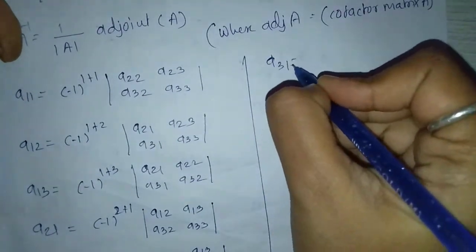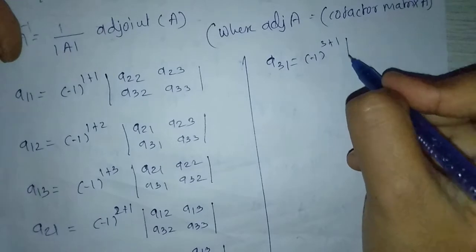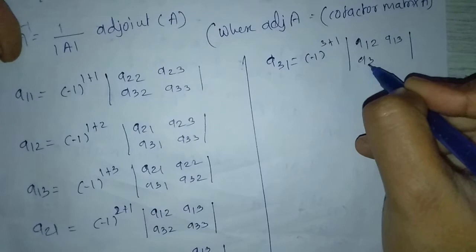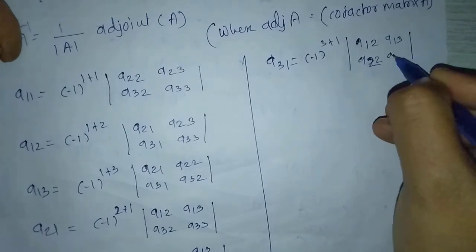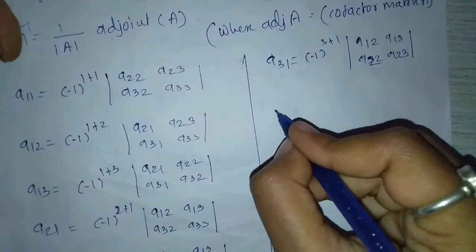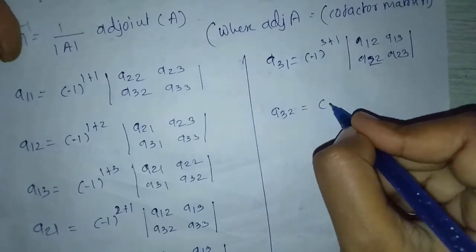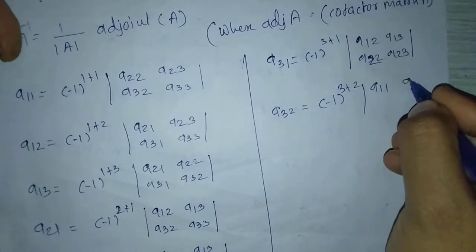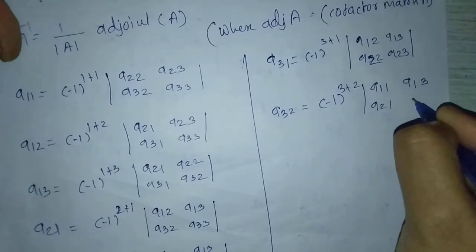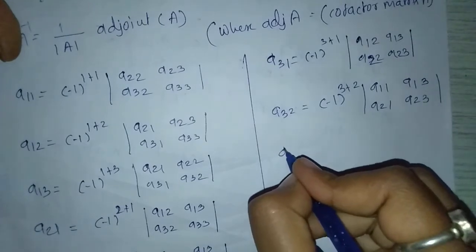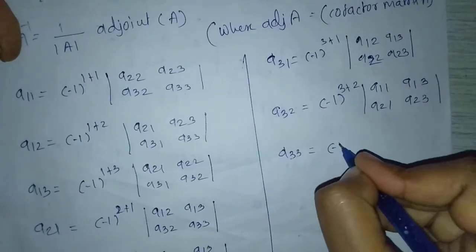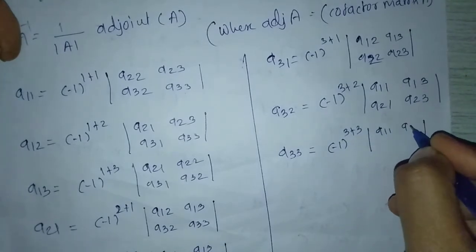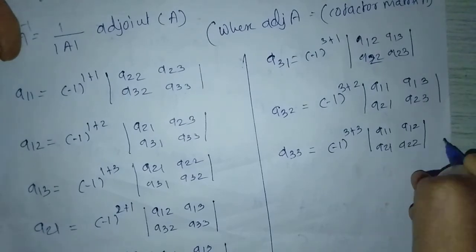The cofactor of A31 equals (-1) raised to 3 plus 1 into the determinant of A12, A13, A22, A23. The cofactor of A32 equals (-1) raised to 3 plus 2 into the determinant of A11, A13, A21, A23. The cofactor of A33 equals (-1) raised to 3 plus 3 into the determinant of A11, A12, A21, A22.